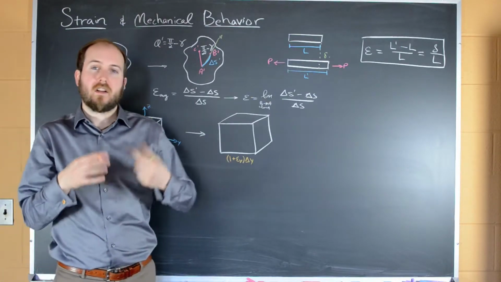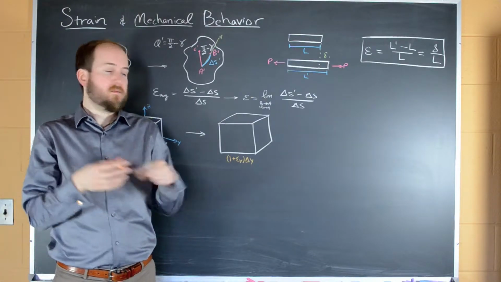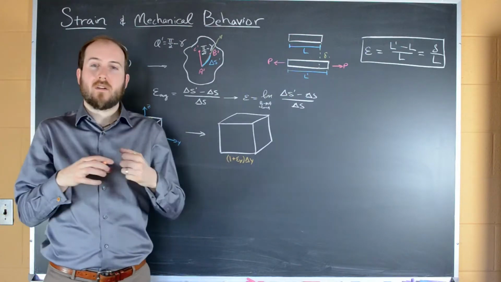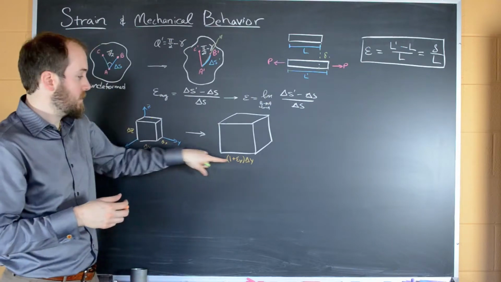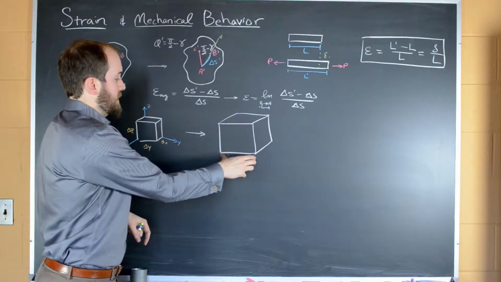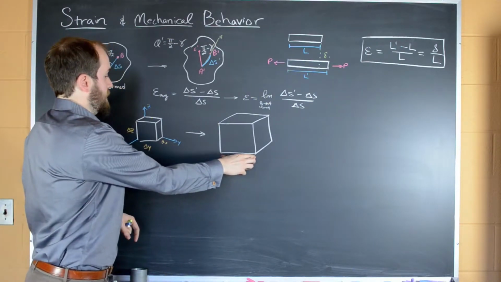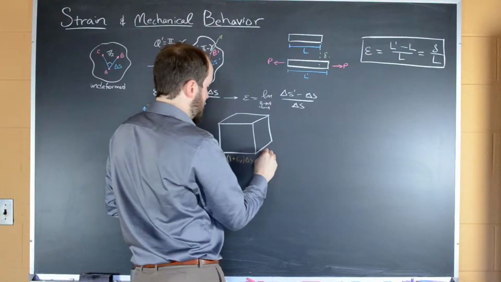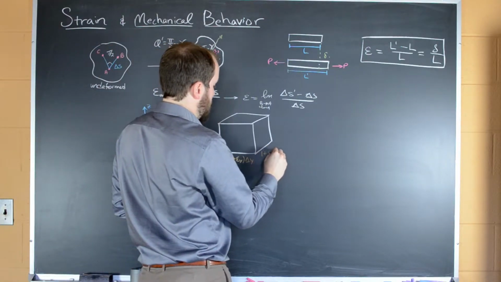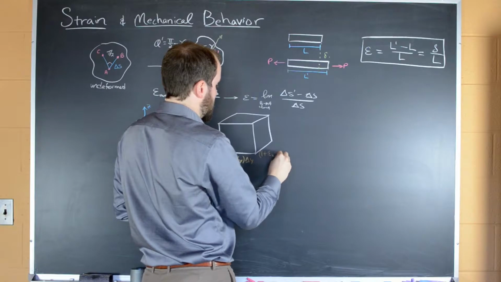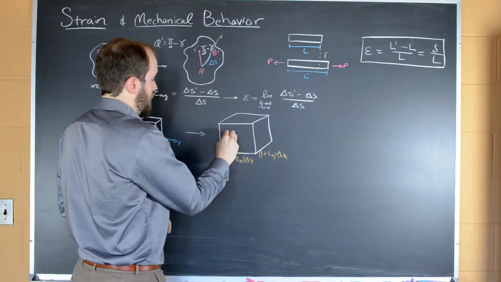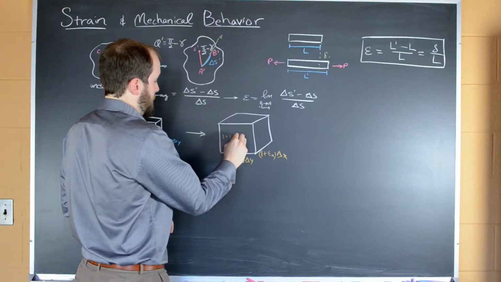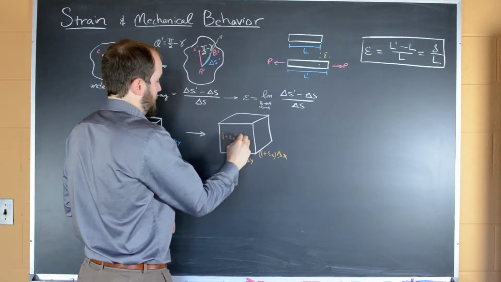Because this thing started with its initial length, 1 times delta y, and then we're elongating it by some strain, epsilon y, and so this new length here gives us the amount that this side has increased. We can do the same at each side here, 1 plus epsilon x times delta x, and again along here, 1 plus epsilon z times delta z.